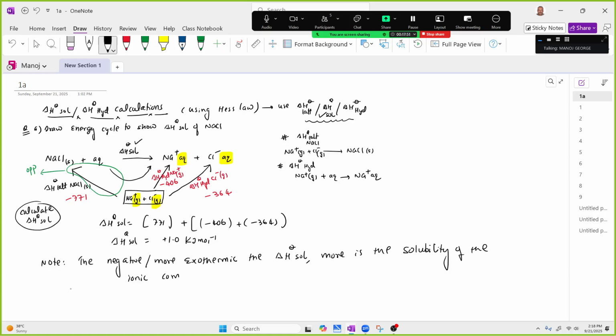So basically, with the help of delta H solution, this is a very good deduction that you can make all the time. So we know NaCl is highly soluble in water, but its delta H solution is +1, which is hardly anything. That is why when you slightly stir the solution, NaCl completely dissolves in water.